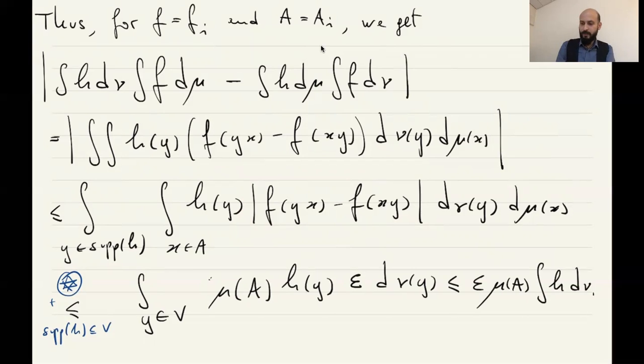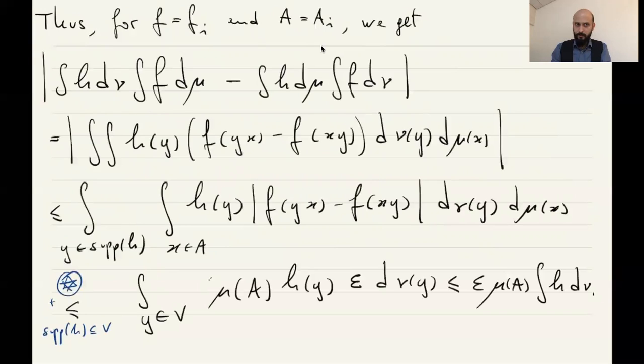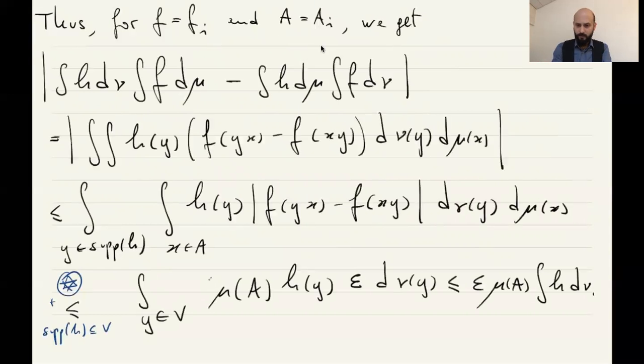Good. Okay, so now we divide by the integral of f d nu times the integral of h d nu. So I divide by this number, right? You'll see that one will cancel this and the other one will cancel this in this difference here.